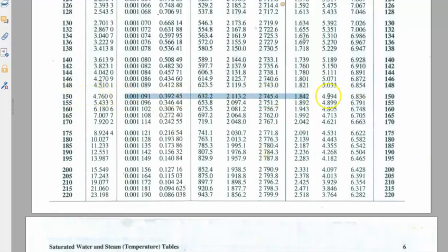So all these conditions are given. We are considering that pressure is 4.8 and temperature is 150, because 4.8 and 4.76 are very close. So I am taking 150 degrees centigrade and 4.76 bar pressure. At that particular temperature and pressure, I'm going to take all these properties. Or otherwise we can interpolate and we'll get the data.